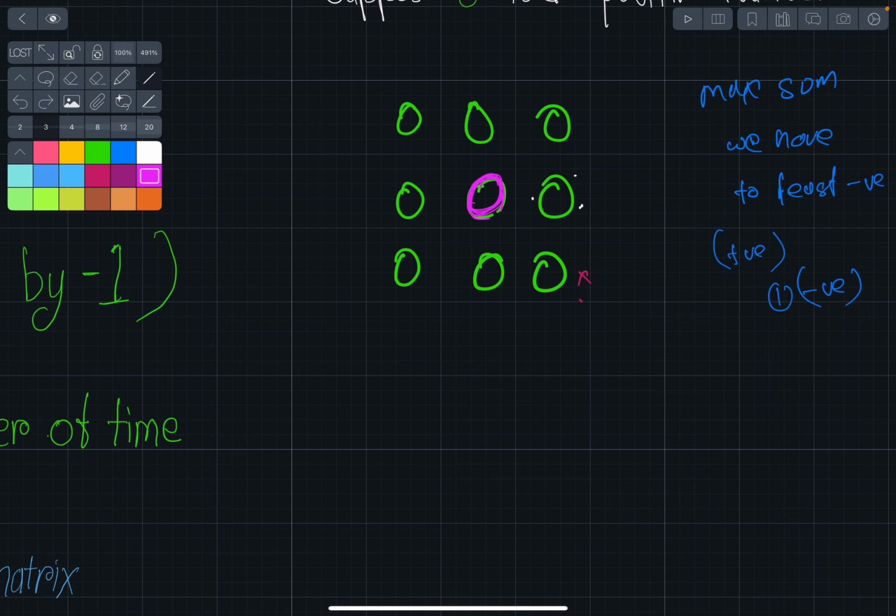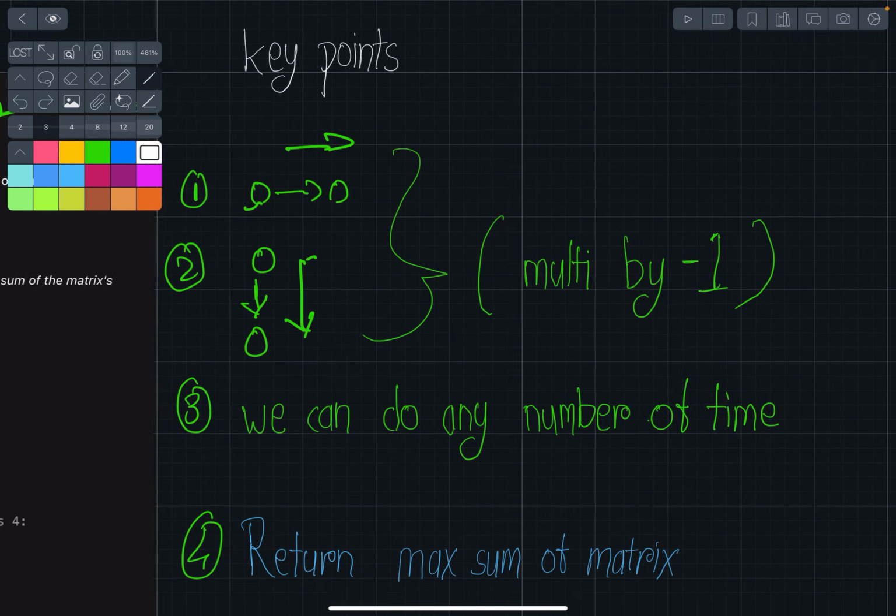Or let's see, if our -1 is here and our smallest element is here, what we can do is go like this, or do any operations. So we can transfer -1 from one place to any place with these two operations.